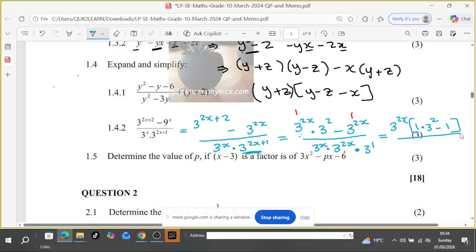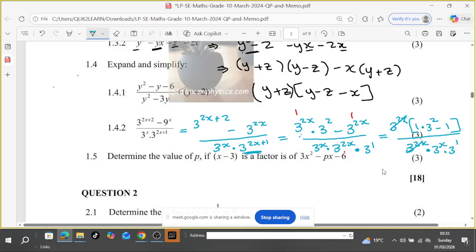So this is divided by, I'm just going to start with that 3 to the power 2x, because you are multiplying, the order doesn't matter. Okay? Yes. So look at the 3 to the power 2x. What happens to the 3 to the power 2x? They cancel, okay? Yes. So now, this guy and that guy cancel. We are left with, on top is 3 squared minus 1, it's 8.